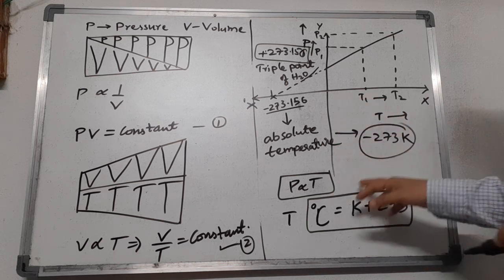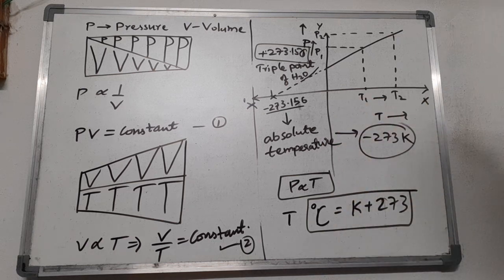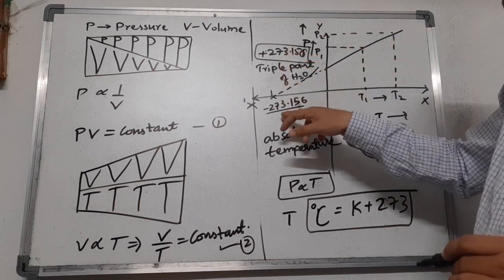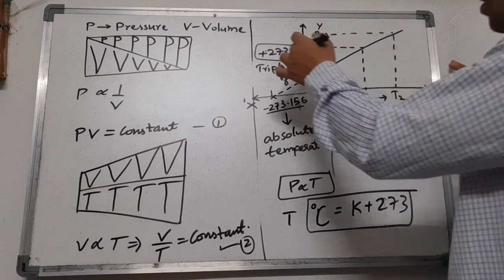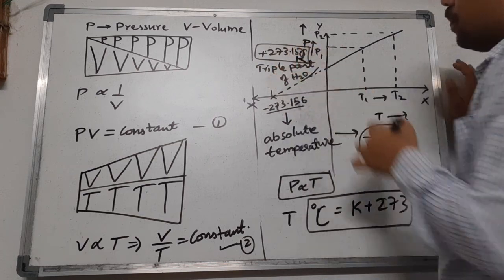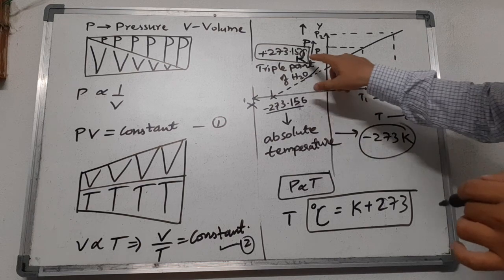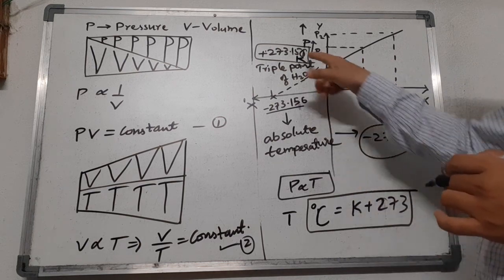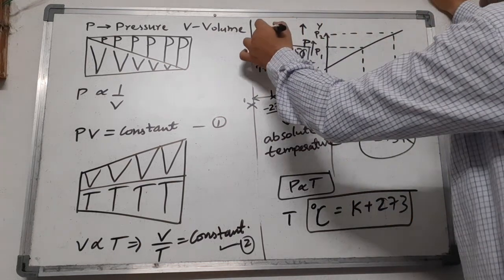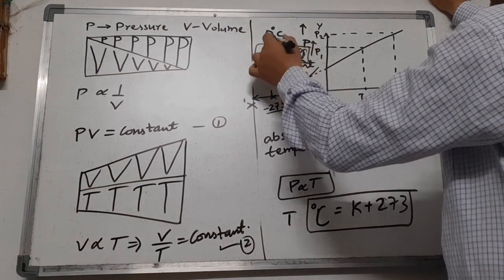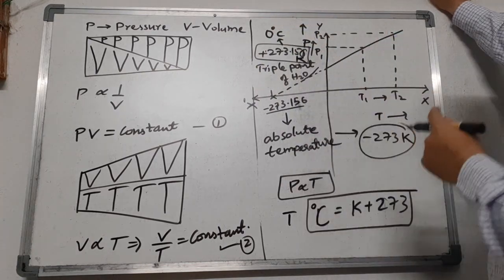The melting point of water is written as 0 degree Celsius, so in Kelvin this 273.15 Kelvin is nearly equal to 0 degree Celsius.